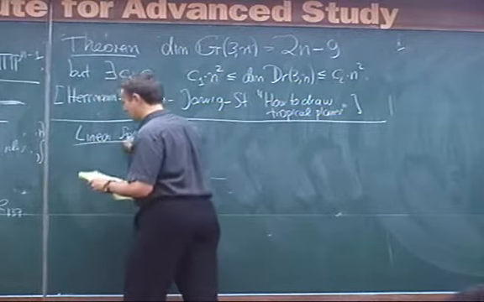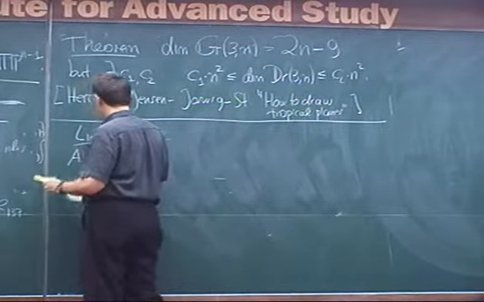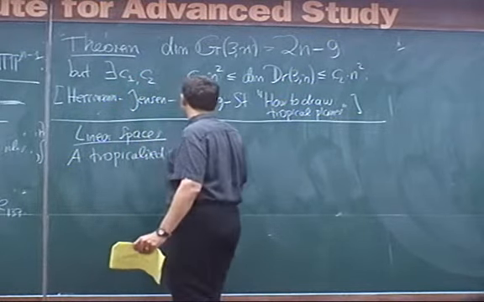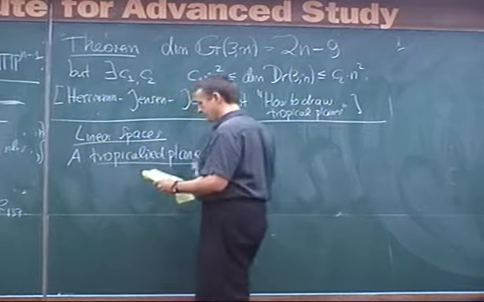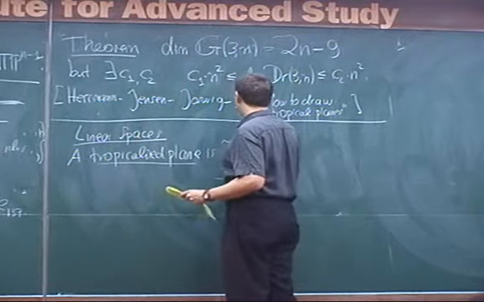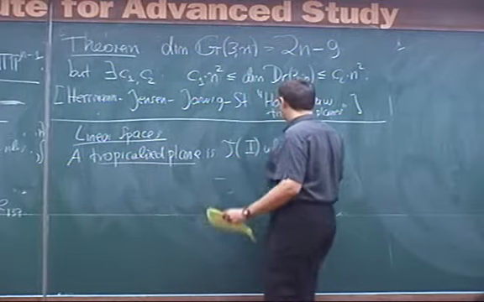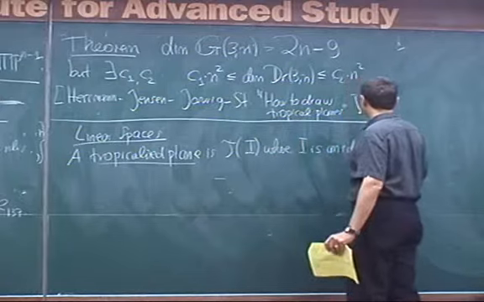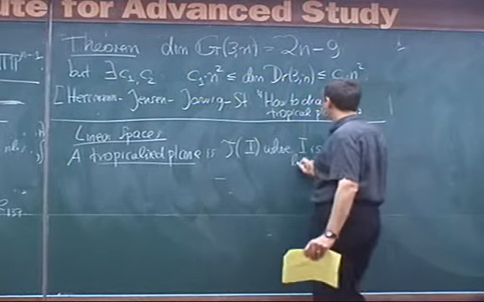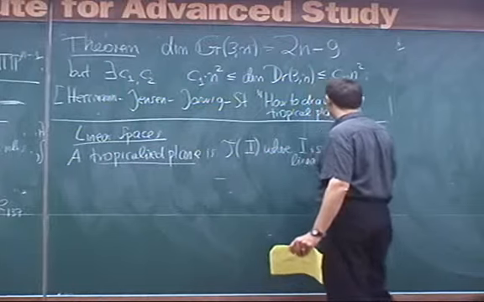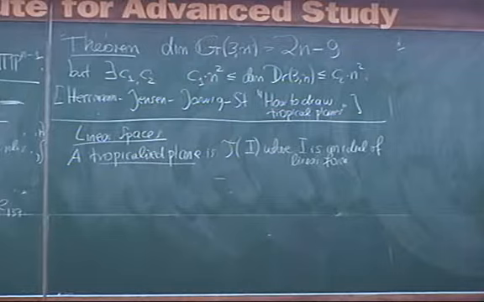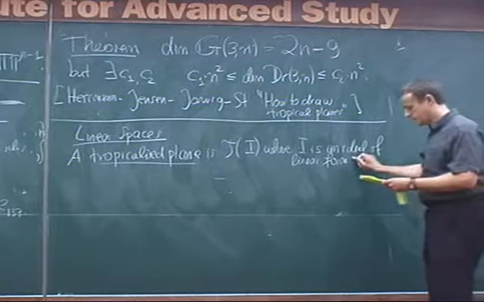First of all, tropical linear spaces. A tropicalized plane is T of I, as before, where I is an ideal of linear forms, but now over a field with a non-trivial valuation. By a tropicalized plane, I simply mean the tropical variety coming from an ideal of linear forms.